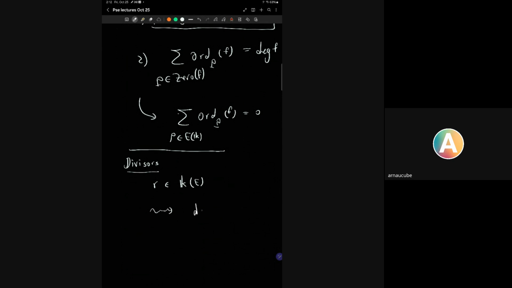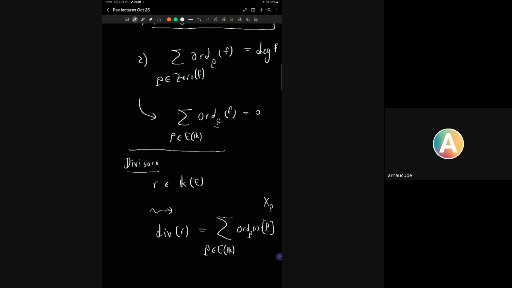I will call it, a posteriori, or let's say I can already call it now, the divisor of R, which is the sum over all points on the curve of the order of R at P times some formal instance of the point P. It's like this bracket P, you can think of it as a variable, X or X_P maybe.